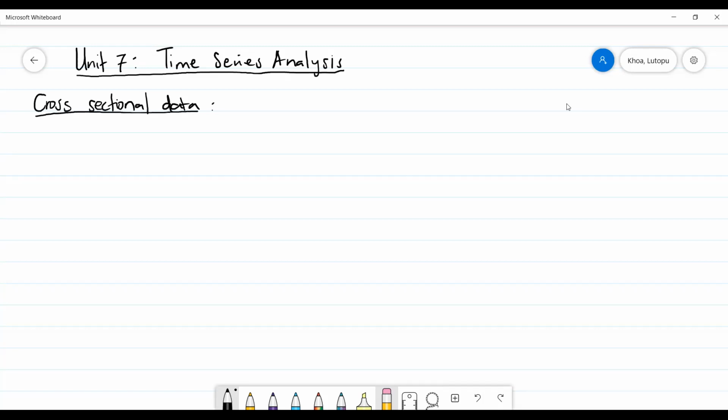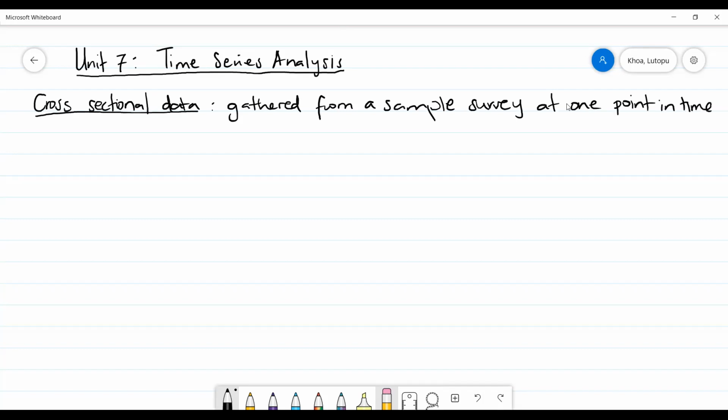Cross-sectional data is gathered from a sample survey at a particular time, or at one point in time. Okay, so that is what cross-sectional data is.